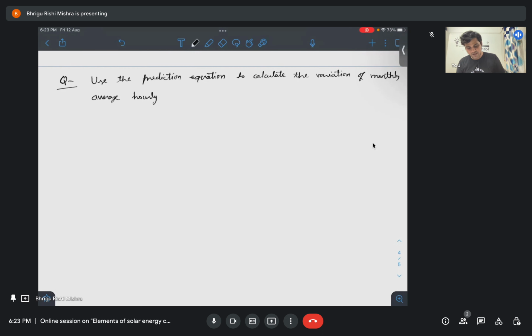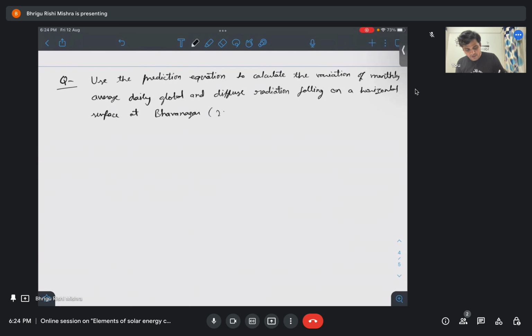Use the prediction equation to calculate the variation of monthly average daily global and diffuse radiation falling on a horizontal surface at Bhavnagar, whose coordinates are given as 21 degree 45 minute north, 72 degree 11 minute east, during the month of January.